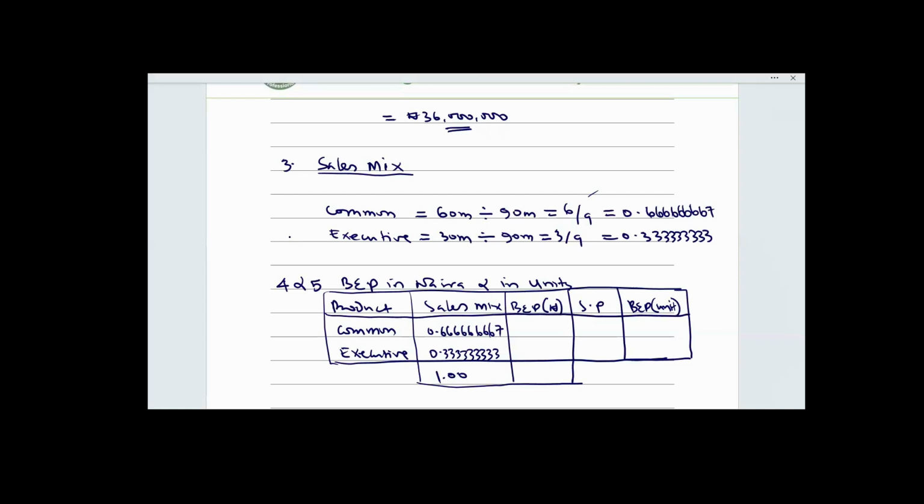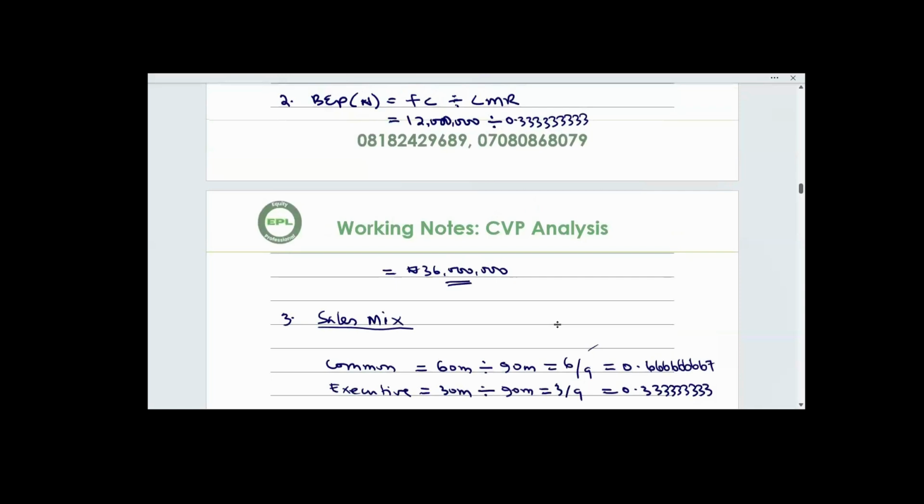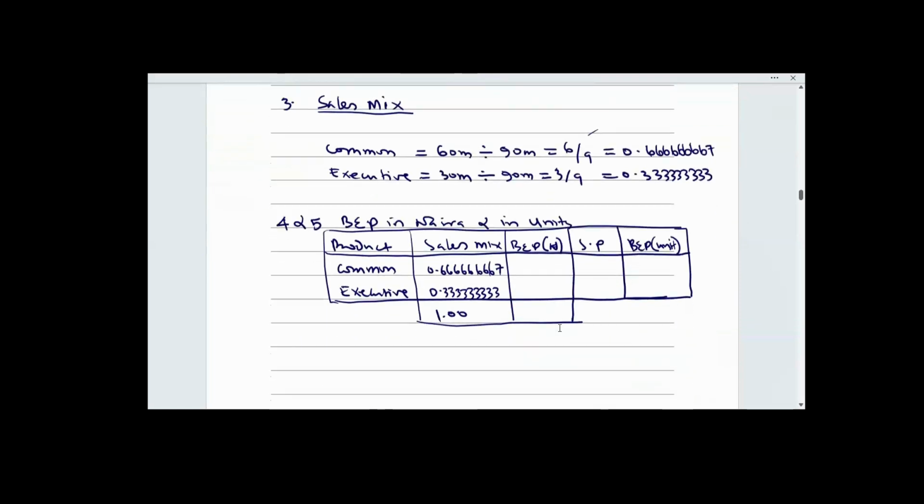First thing first, you have to start from the break-even point in naira for each product. For you to get that, you multiply the sales mix with the total break-even point in naira for the entire organization of 36 million naira. So you want to distribute 36 million naira between common and executive.